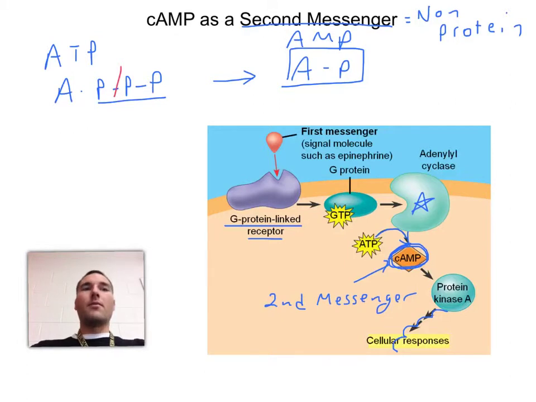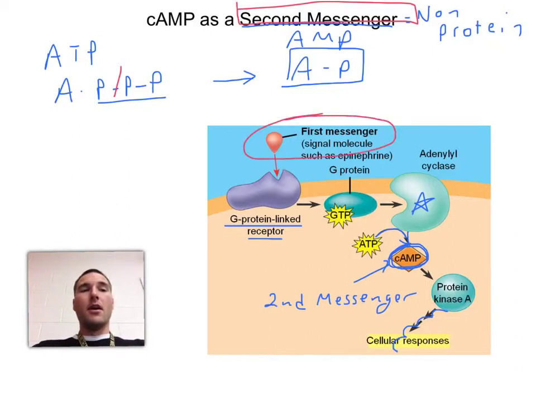So that's cyclic AMP. The second messenger term, I don't appreciate it, because by definition a second messenger is anything in these transduction pathways that is not a protein. It does not mean that it's always the second step. In this diagram, we're showing that the first messenger is the message that's coming from outside the cell.